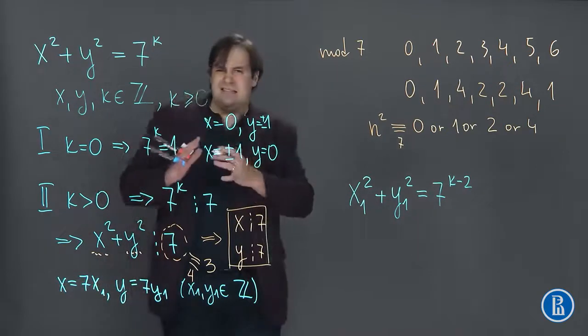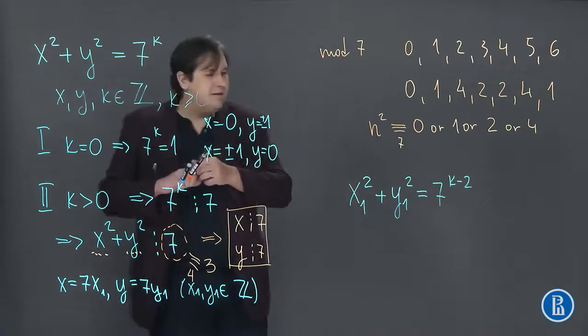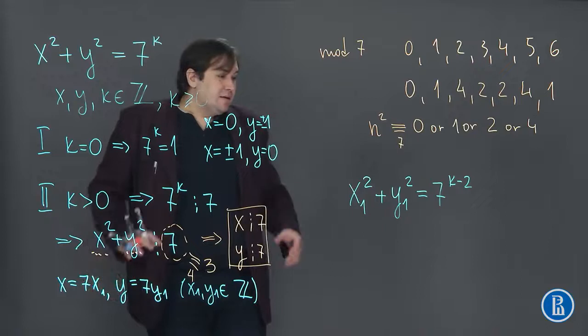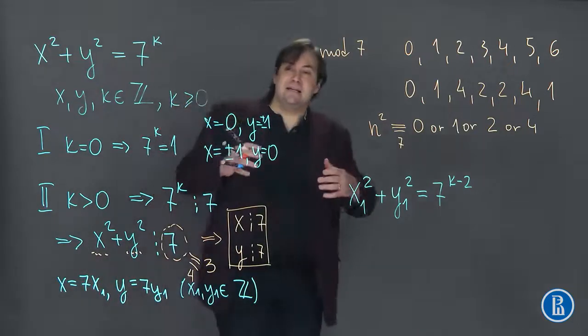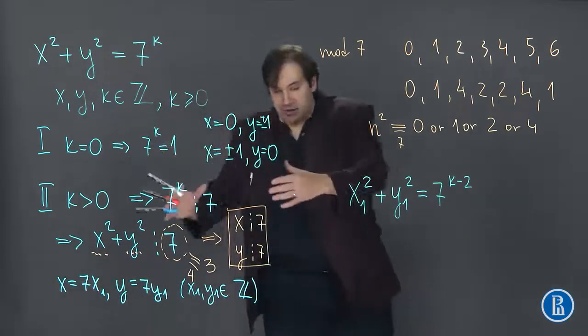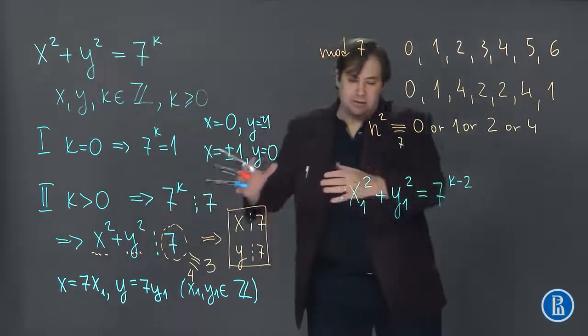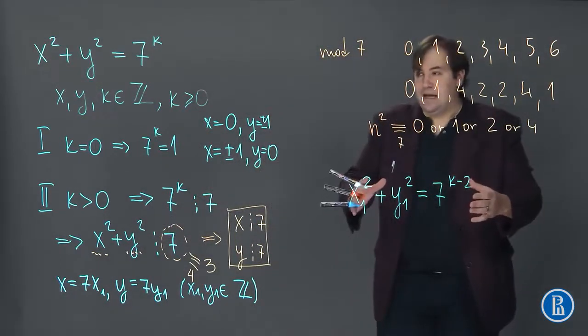Well, of course, unless they're equal to 0, but that is just a particular case. So we understand that we can continue this procedure, these two cases, with the new equation.